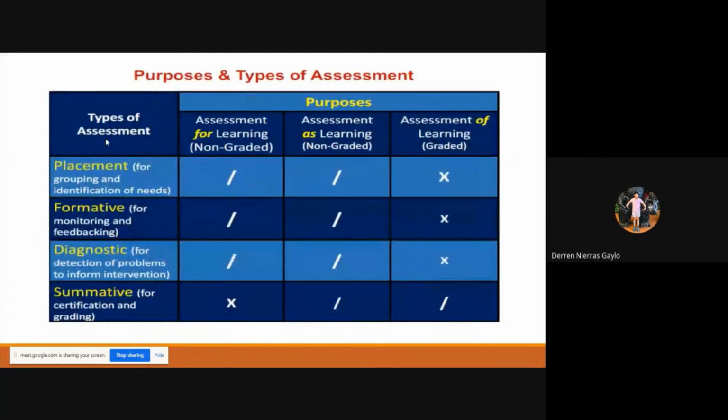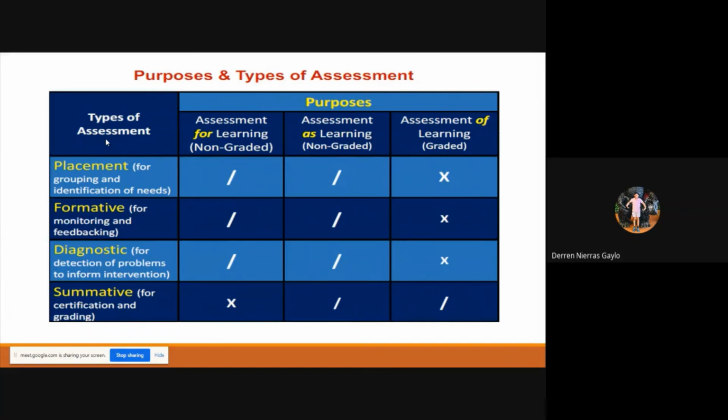So as a summary, we can put it in a chart, the purposes and the forms. For example, if you have placement assessment, it's more on grouping and identification of needs or sectioning. So it could be on the assessment for learning, which is non-graded, or assessment as learning, but not on the assessment of learning. Formative assessment, it's for monitoring and feedbacking.